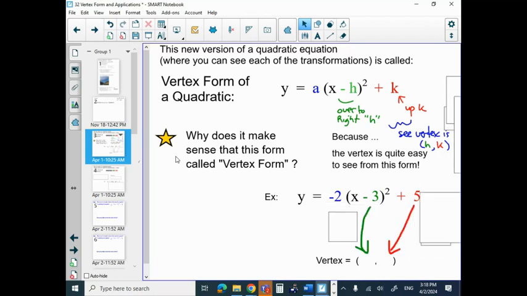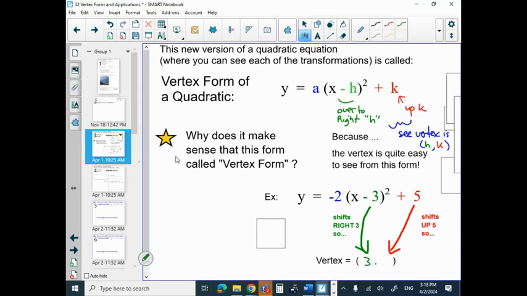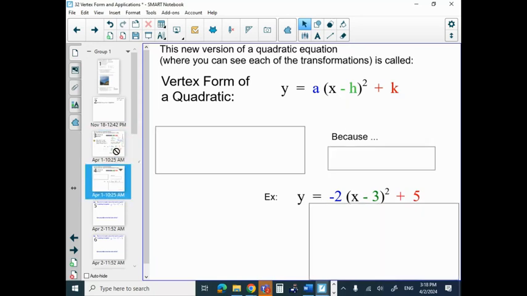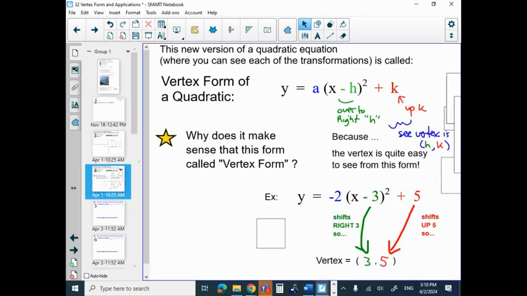Right? So that's what this says down here. It says that we're going to the right 3 and we're going up 5, and so we end up at a vertex of 3 and 5. Right? So that's vertex form. Get to be comfortable with it, get to know it, and certainly it's the handiest version.